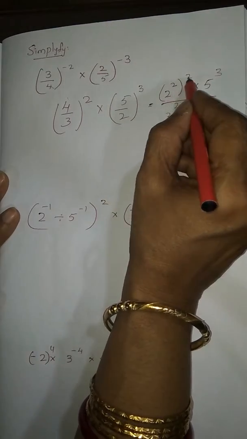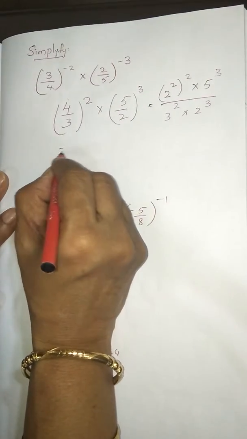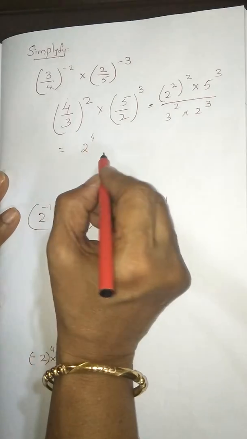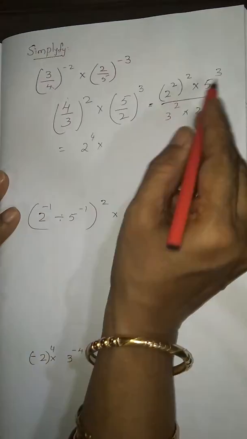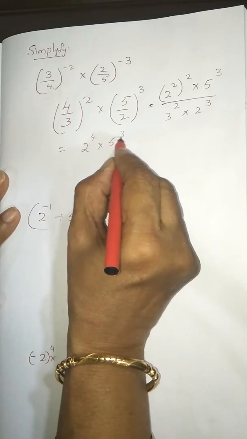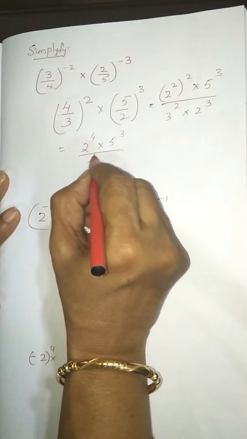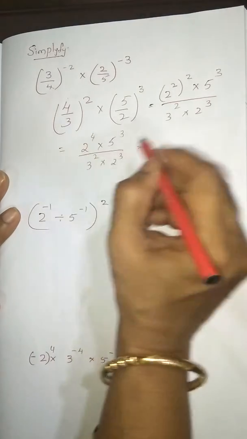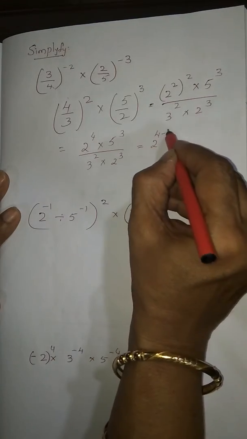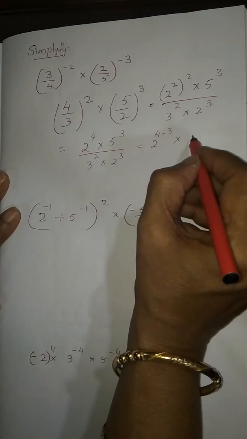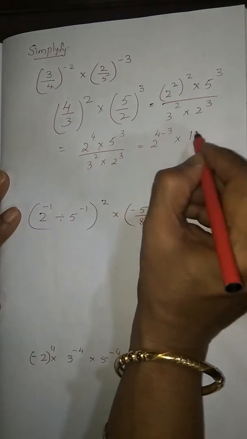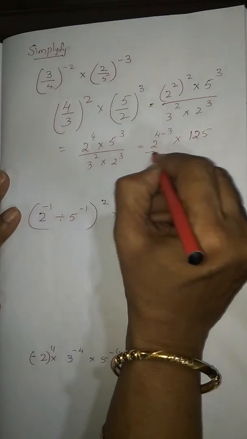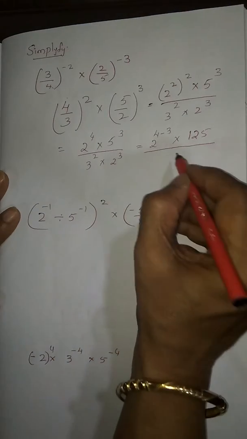So this will become 2 to the power of 4 into 5 cube by 3 squared into 2 cube. So this will become 2 to the power of 4 minus 3 into 125, 5 cube will become 125, by 3 into 3, 9.